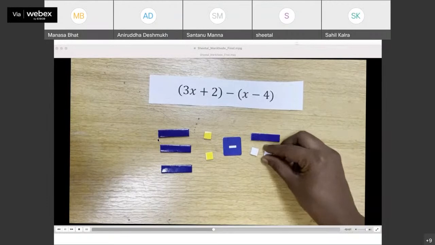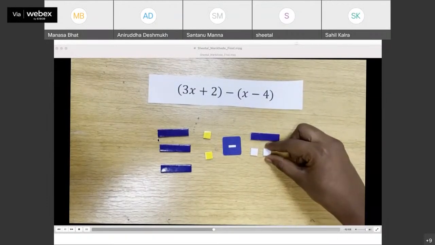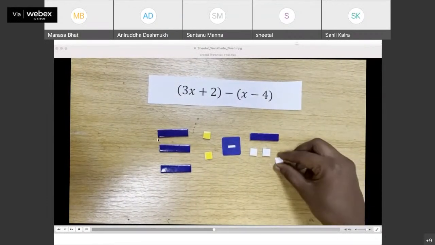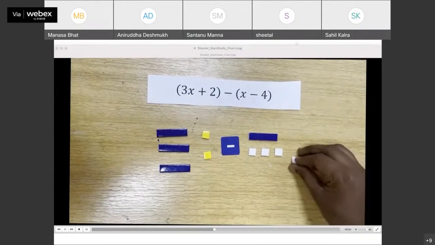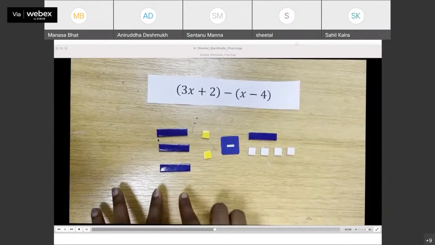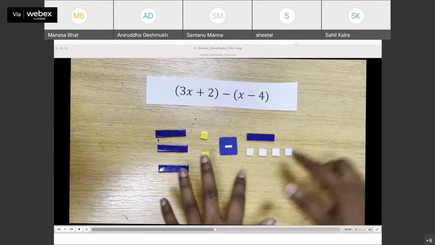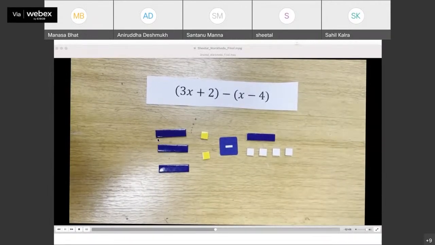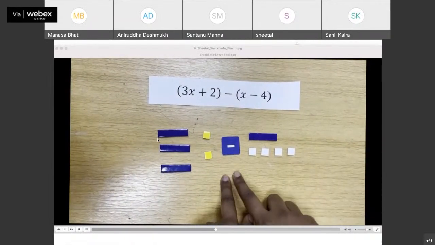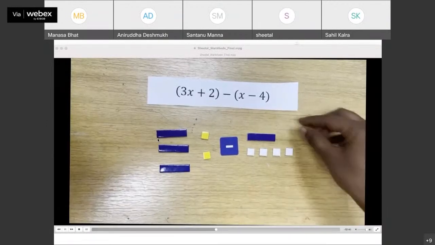Minus 1, minus 1, minus 1 and minus 1. So this is your 3x plus 2 minus x minus 4. Now this is your negative sign, so they change the sign.